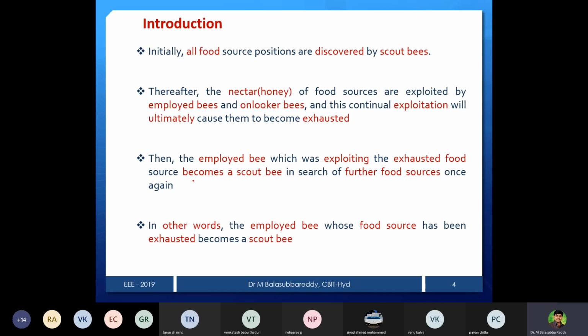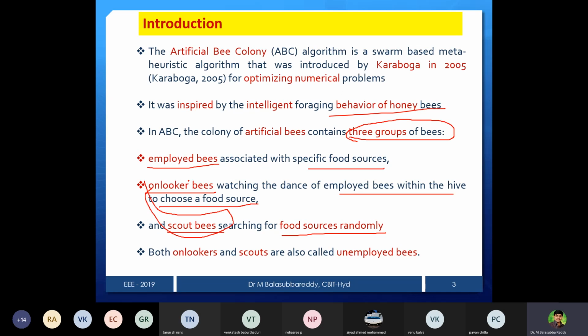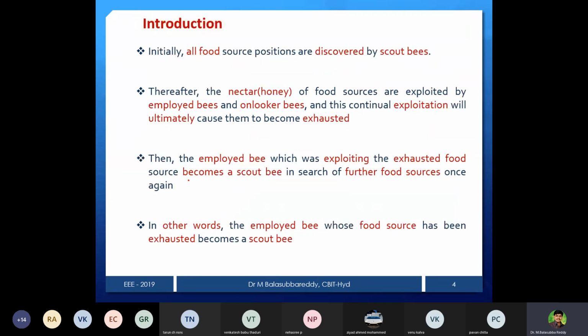Initially, all food source positions are discovered by the scout bees. Because I divided them into 3 groups: employed bees, onlooker bees, and scout bees. So the scout bees will identify the food sources. Thereafter, the food sources are exploited by employed bees and onlooker bees.